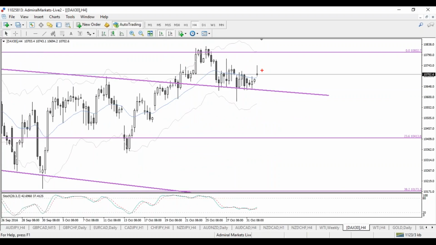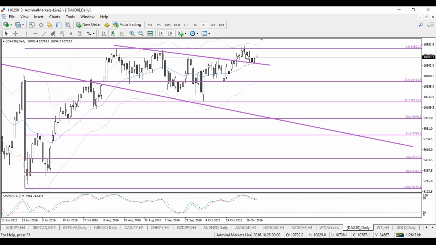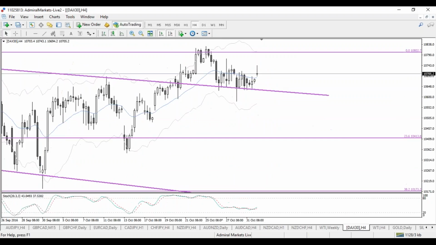I think the next two days are going to be interesting. One, two, three. This is the fifth day already. So if today or tomorrow does not break, then this does look like a potentially bigger correction, I would say.